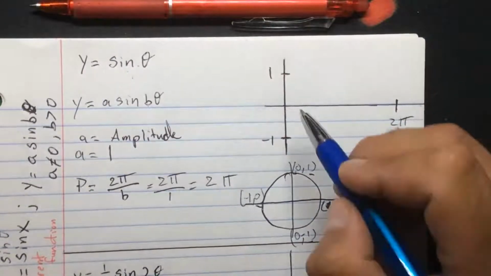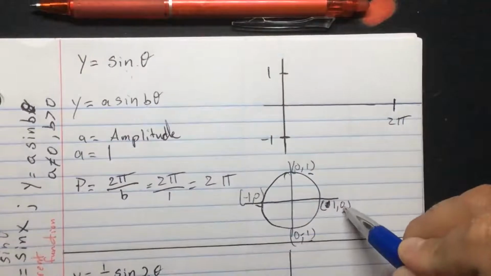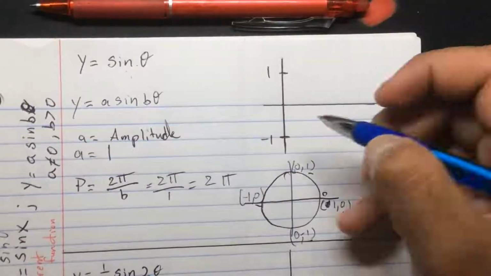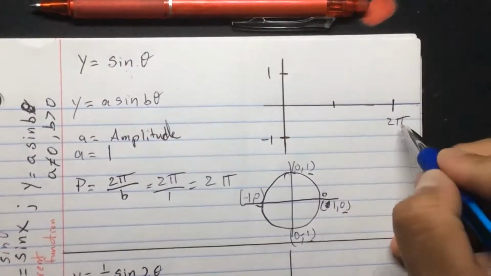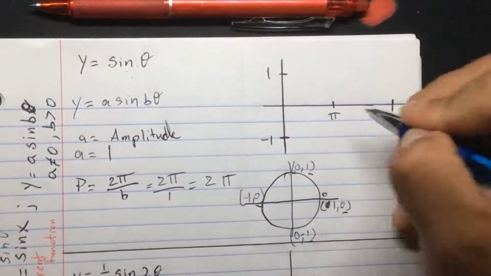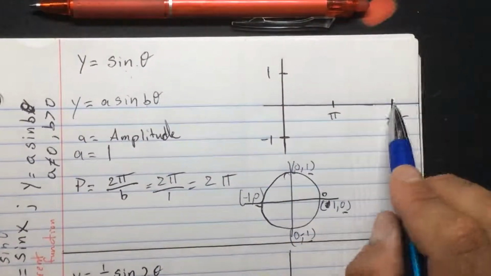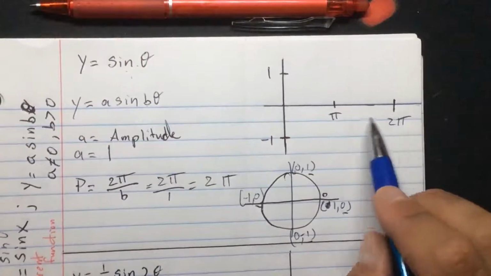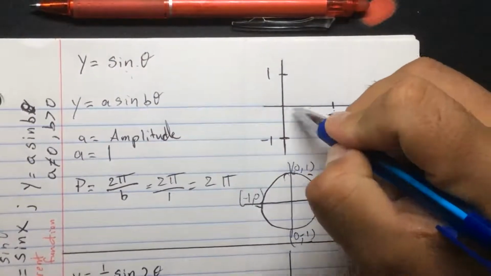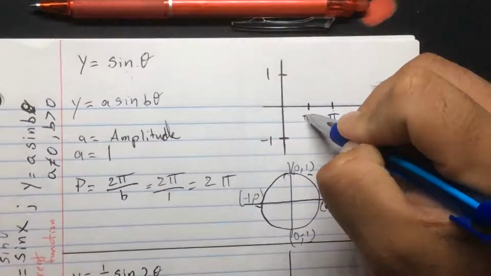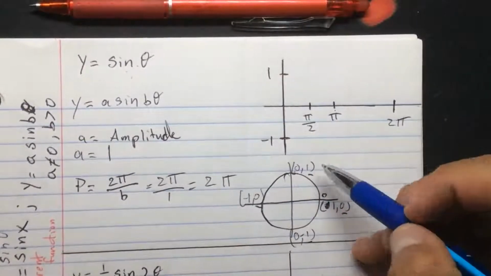So on our first one here, at 0, we'll split this up first. Half of this distance, from here to here, would be divided by 2, so pi divided by 2 gives us pi over 2.